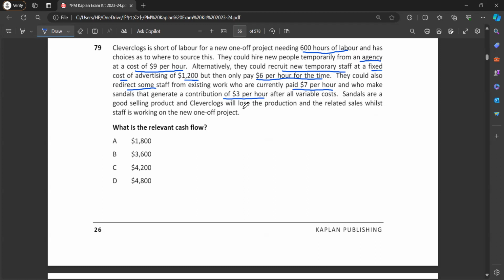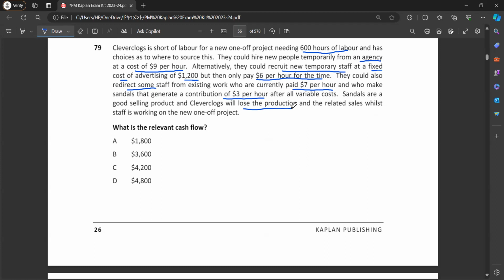It is not delay in production. In one of the previous questions, we saw that there was a delay. Here it is about losing the production and the contribution that can be generated on account of that.